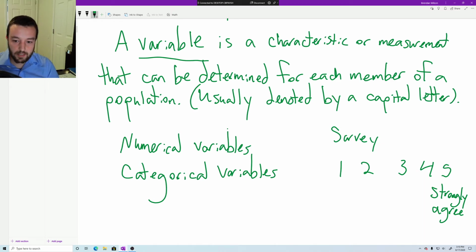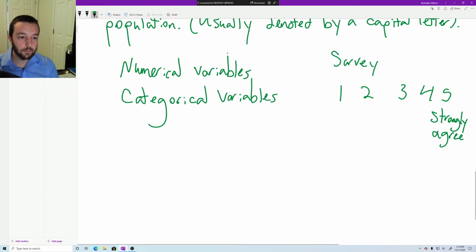A good rule of thumb is if we can take the numbers that we're getting and add them together and subtract them and still get something meaningful, then they're probably numerical. Otherwise, they're probably categorical. So in this case, it's not really numerical. We're just using the 1, 2, 3, 4, and 5 as shorthand for strongly agree and strongly disagree and so on. Again, we'll talk more about the nuances there as it comes up.